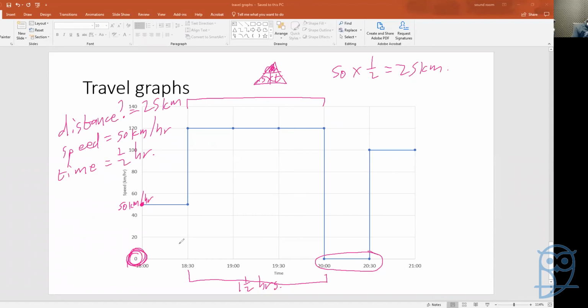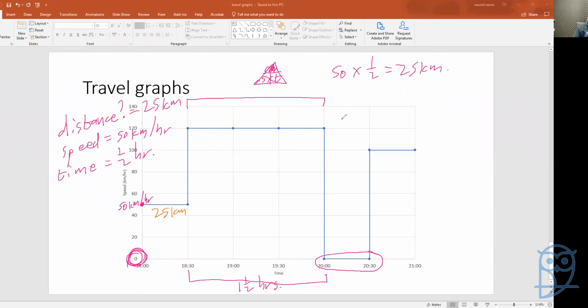And then you're asked, how far did the car travel on the whole journey? All right. So let's do not purple. I feel like doing orange. So over here, this is 25 kilometers.